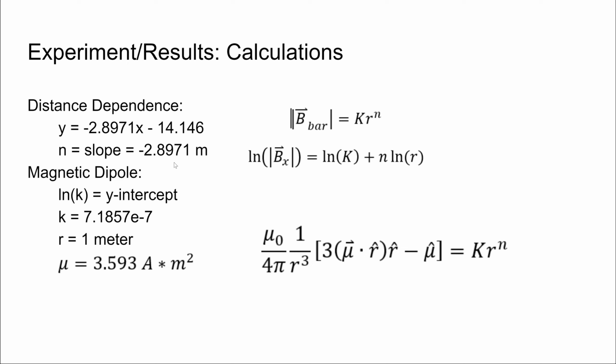Likewise, for the magnetic dipole, we first see that L and K is similar to the y-intercept here, and by substituting that in, we were able to solve for K. We also made the assumption that R was 1 meter, and with these two, we are able to equate these two equations, and through this determine the magnetic dipole moment of the bar magnet, which we found to be 3.593 amperes per meter squared.